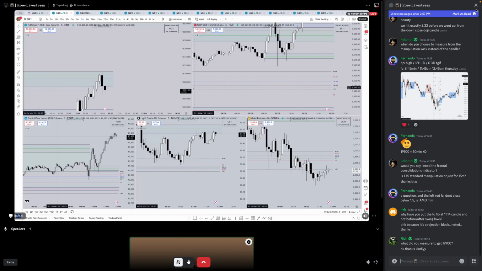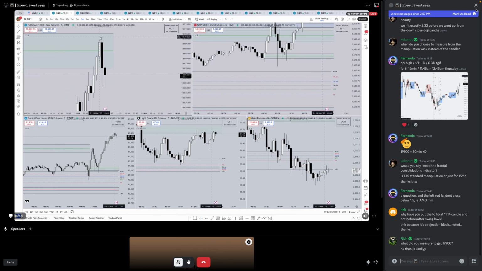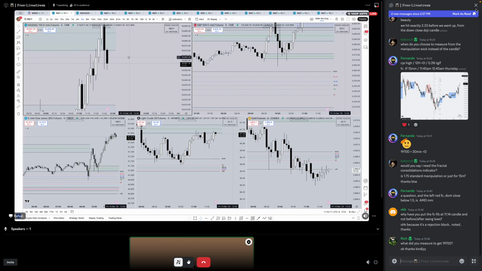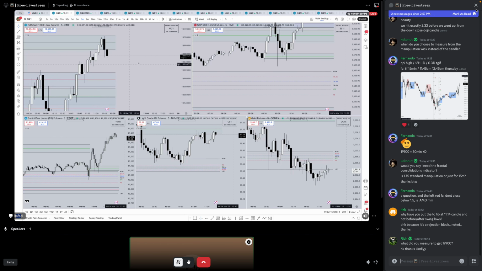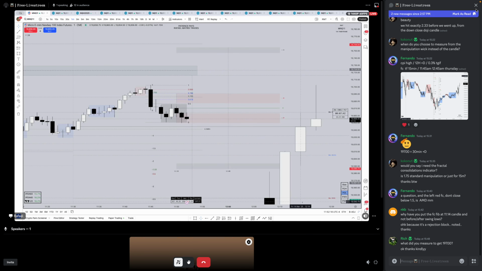And here we are almost at the opening range high. So we get inside the range and we reject here, and now we start closing below. So we're most likely to see price trade back to these levels here.